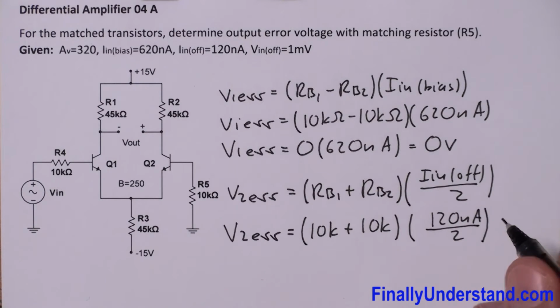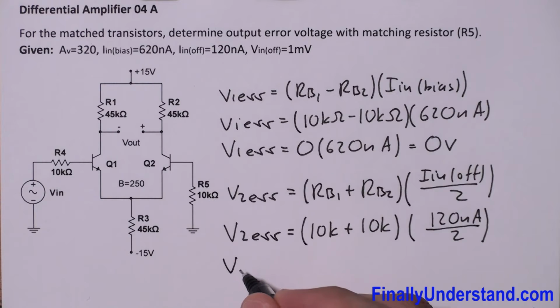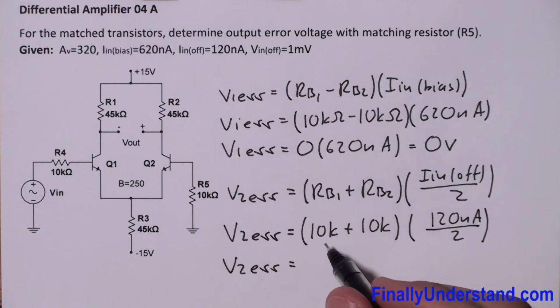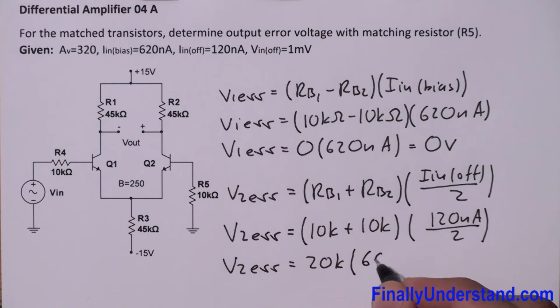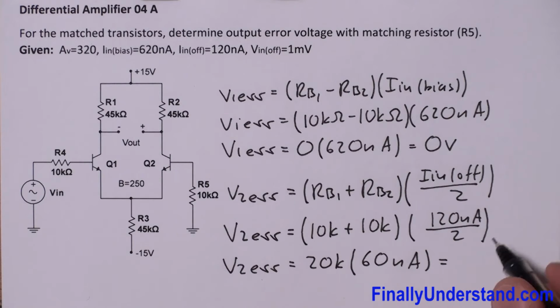Okay, so V2 error is equal to 20 kilo ohms times 120 nano divided by 2, which is 60 nanoamps. Everything is equal to 1.2 millivolts.